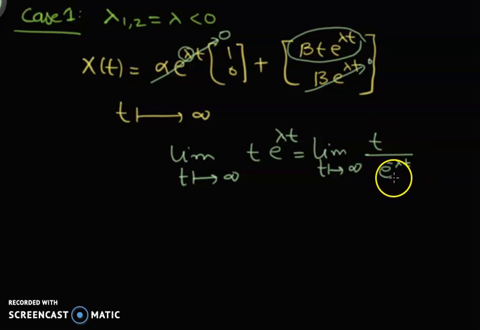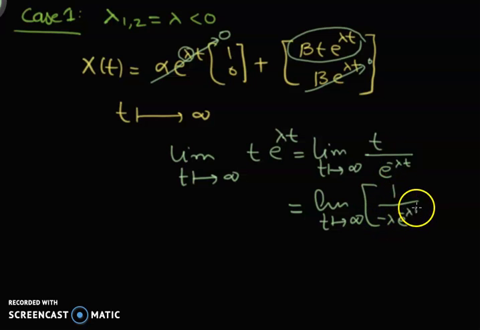So plus infinity over plus infinity is an indeterminate form, and we can appeal to L'Hopital's rule. Applying it, we get 1 over minus lambda e to the minus lambda t. Now as t goes to infinity, the lower part goes to infinity, which gives 0. Therefore this will also go to 0.